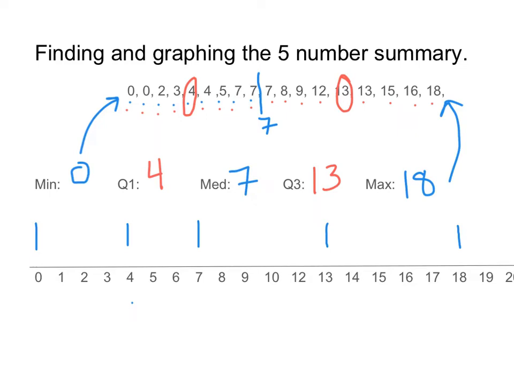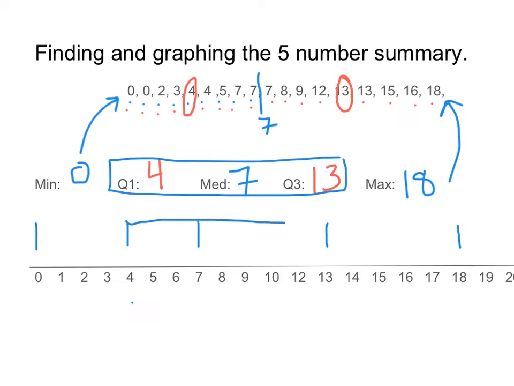And then we connect the quartile 1 and the quartile 3 to make a box. So the 4 and the 13 get connected because that's my box. And then we draw a line out to the maximum and a line out to the minimum. Those are the whiskers. And then the median is like the belt in the middle of the box.